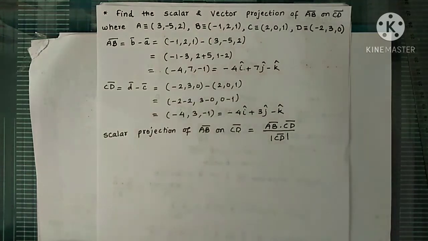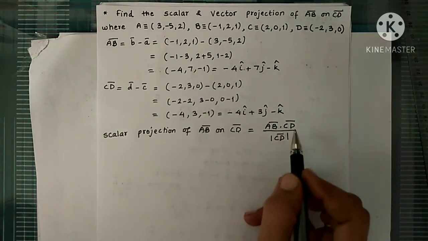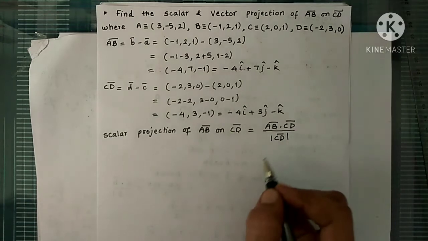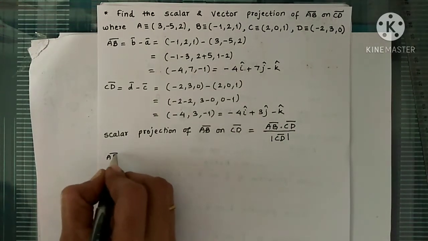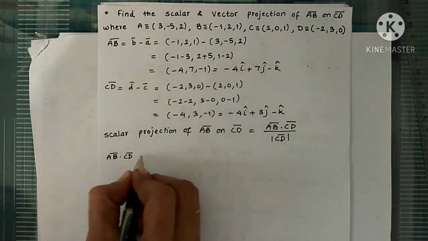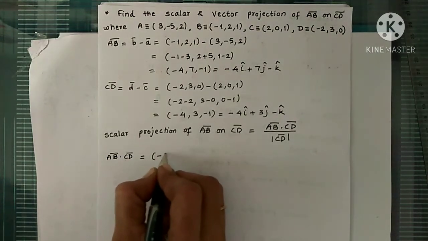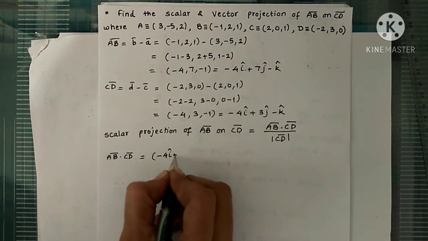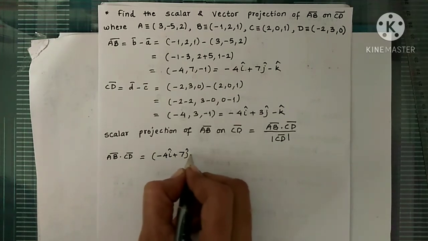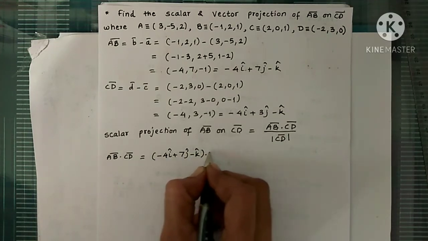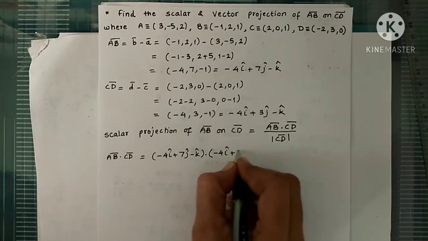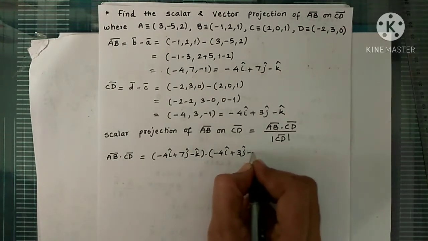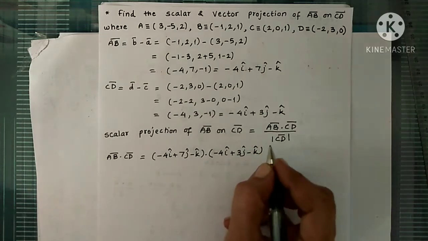So what we need is dot product of AB bar and CD bar and magnitude of CD bar. So let's find out. AB bar dot CD bar equal to minus 4 i cap plus 7 j cap minus k cap dot CD bar, which is minus 4 i cap plus 3 j cap minus k cap.